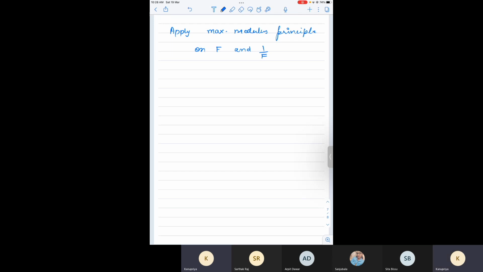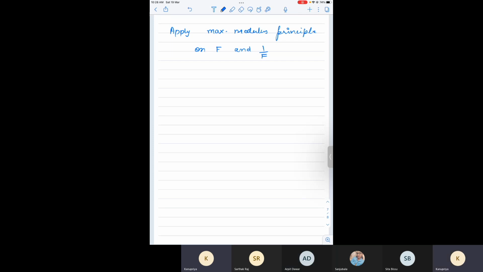What is the statement of maximum modulus principle? Arpit? Yes, ma'am. What is the statement of maximum modulus principle? If f is a holomorphic function on a domain, then it attains its maximum on the boundary.